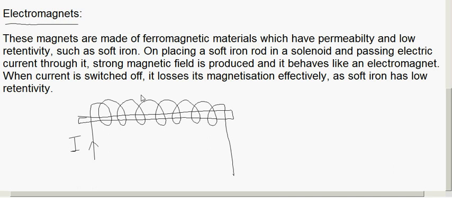The cycle keeps on happening, and hence it has a less area. The energy loss during magnetization and demagnetization will be less. So that is also one advantage of using soft iron as an electromagnet, because it has less area, and hence the energy loss during one complete cycle is less.